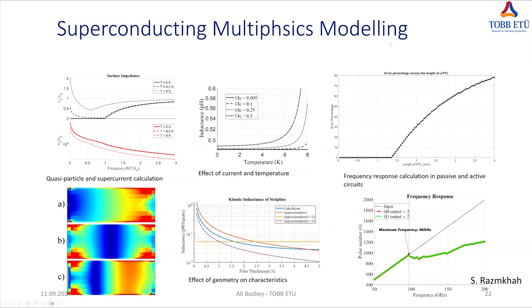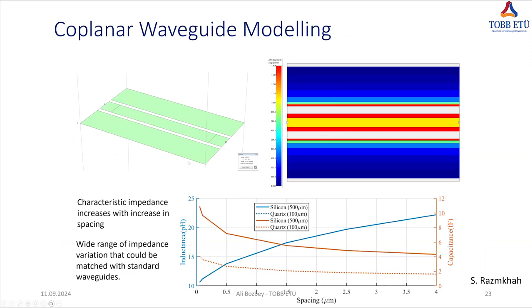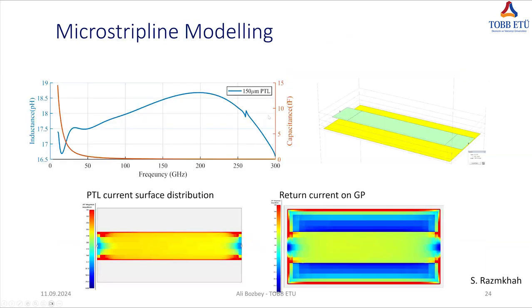So then we can make a multi-physics model that includes the critical current, magnetic field, and temperature. And then it's possible to extract the kinetic inductance and the surface impedance of the superconducting material. In this case, for example, a coplanar waveguide or a microstrip line is modeled.